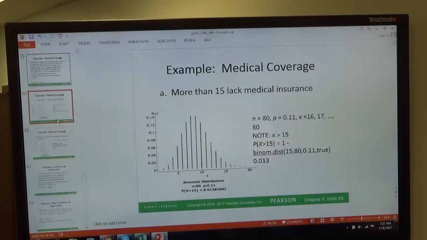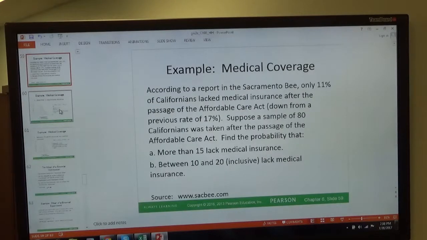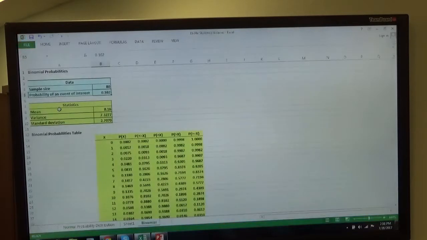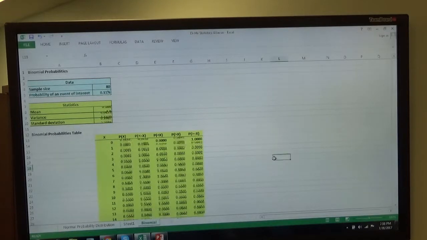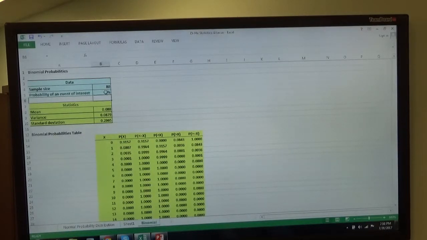Oh, 11%. So I'm changing this to 11%. Or you can put 0.11. It's better to put 0.11. Oh, now it's changing the percentage.